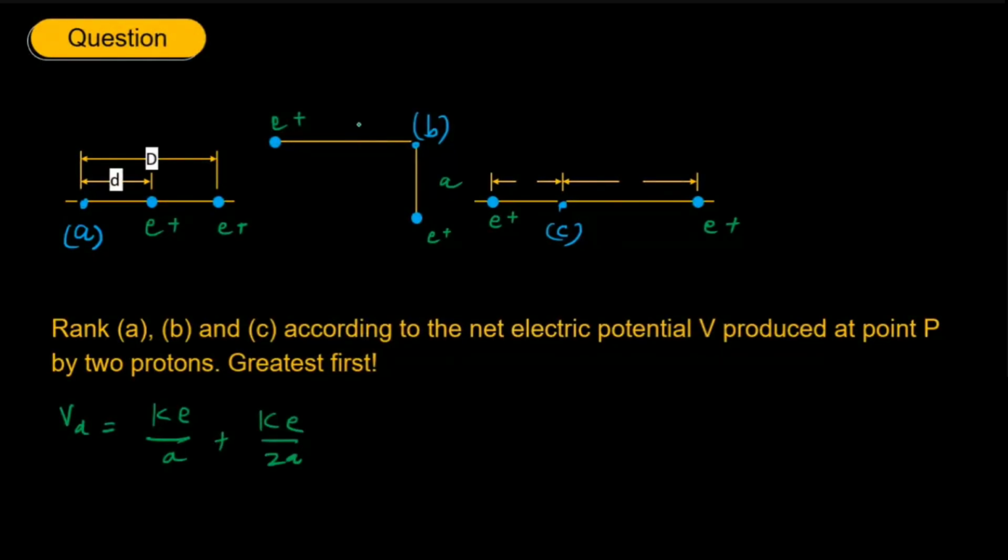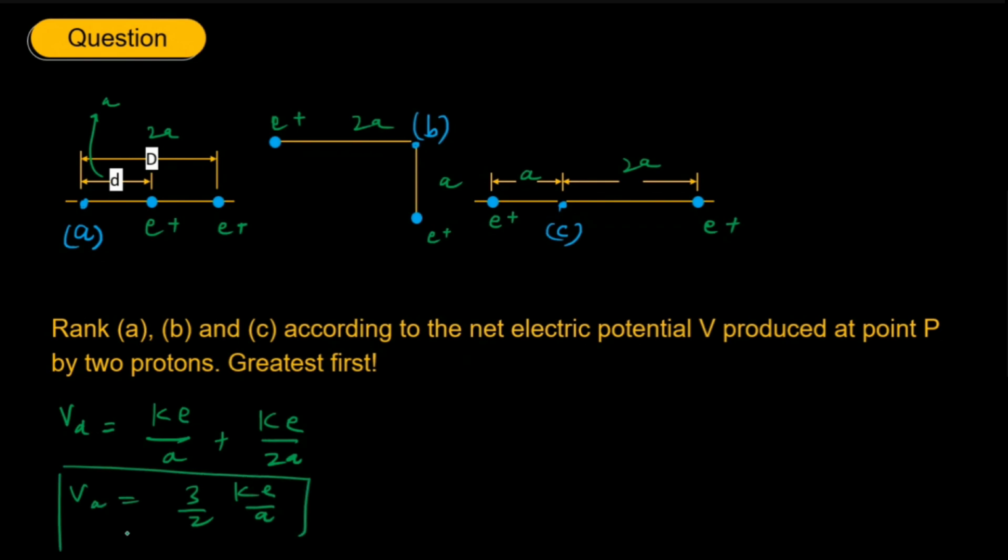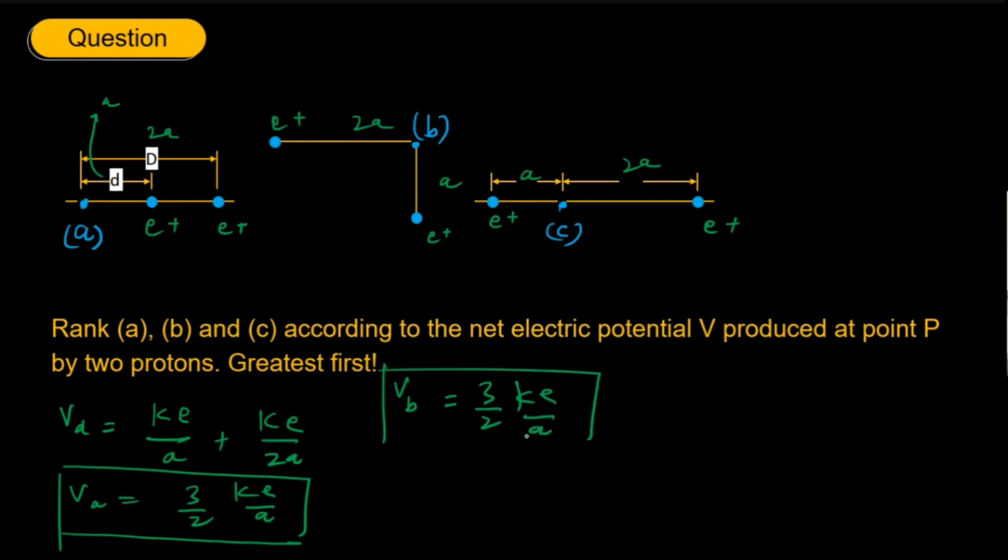So it is going to be 3 by 2 K E by A. This is VA, the potential in the first part. Now VB, again it is going to be 3 by 2 K E by A. And VC, again it is going to be 3 by 2 KQ by A.